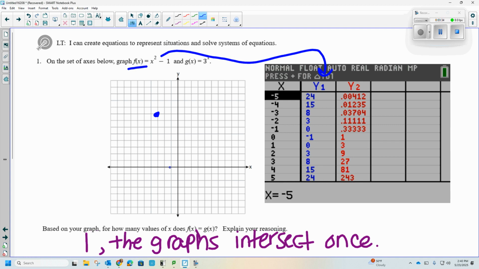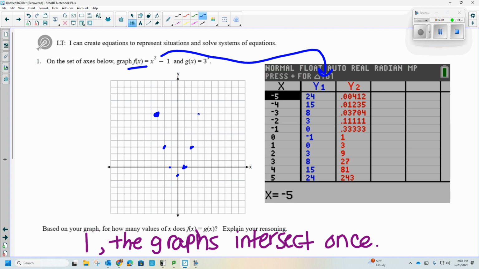Negative 2, 1, 2, 3. 0, negative 1. Again, this computer screen is giving me a little trouble. 1, 0. And 2, 1, 2, 3. And then 3, 8.